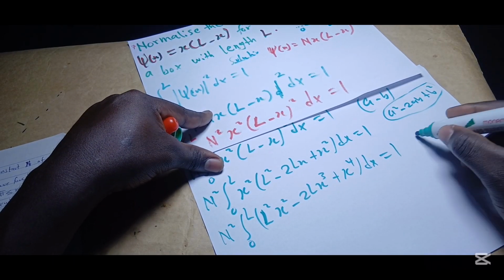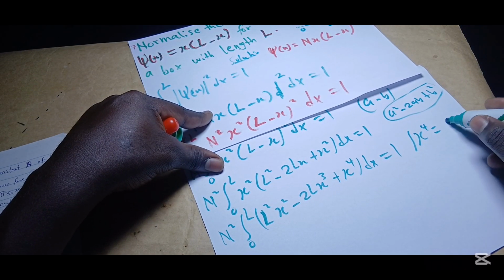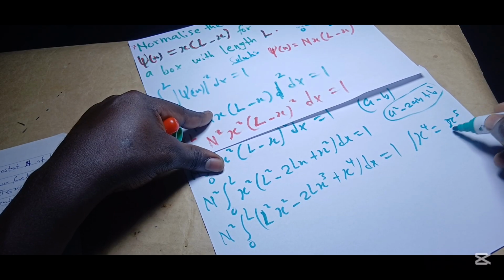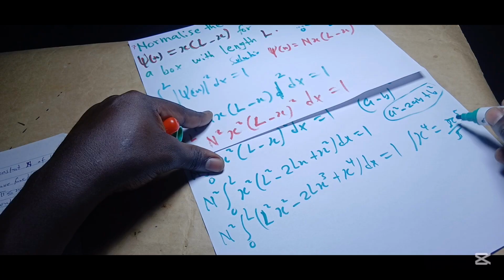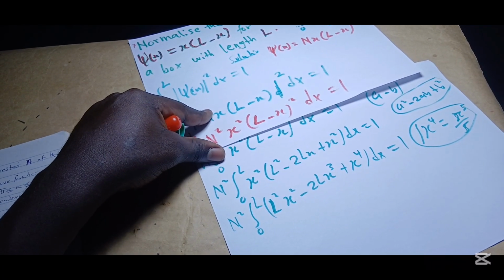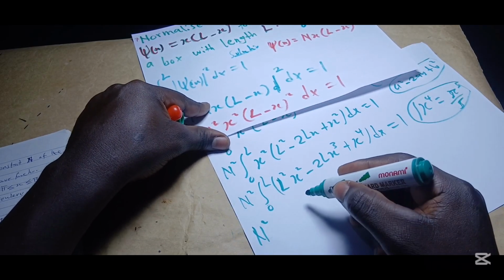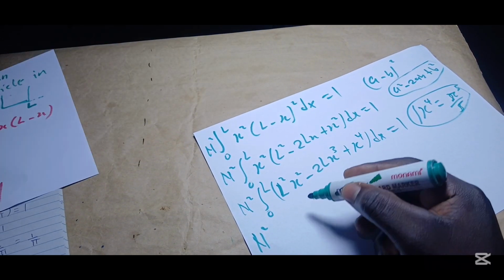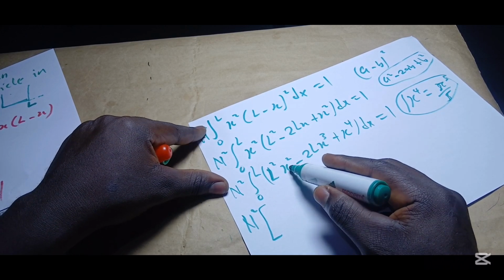So now integrating, if I have x to the power 4 and I'm integrating, it's going to give me x to the power 5 over 5. The power increased by 1, divided by the increased power. So now let's do the same here. So we are going to get n squared. We are integrating with respect to x.